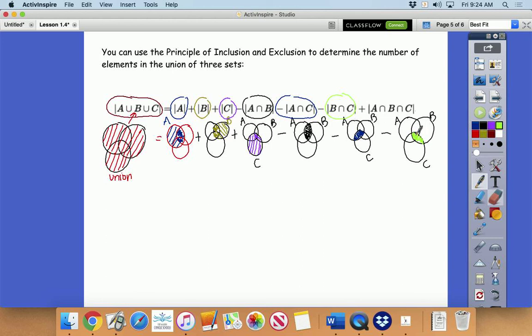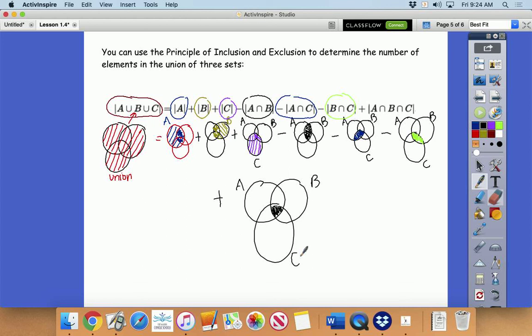So in order to get the union, meaning all the parts colored in only once, we still have at the very end to add the intersection between all 3 sections. So our last step is to add in the intersection of all 3, which is this guy right here. Okay, so if this is A, this is B, and this is C, we're adding in that, and that would add up to our union.